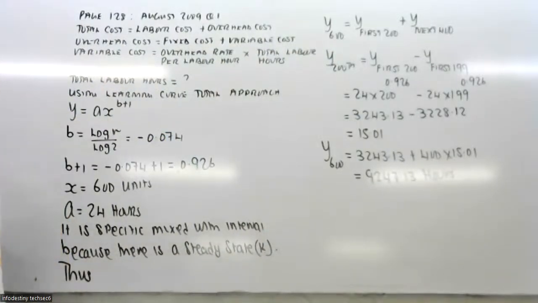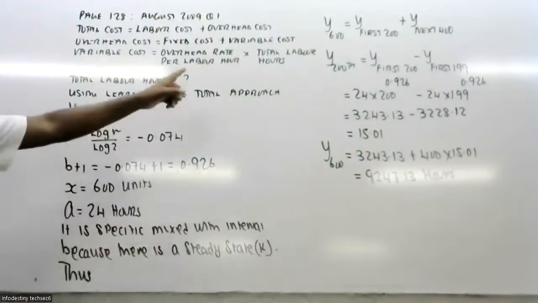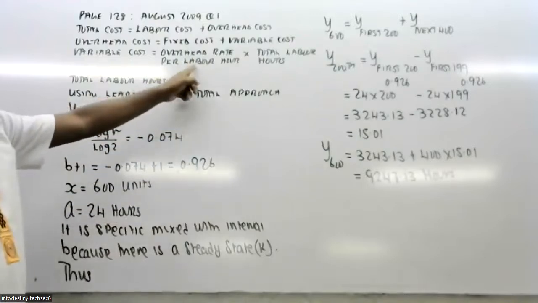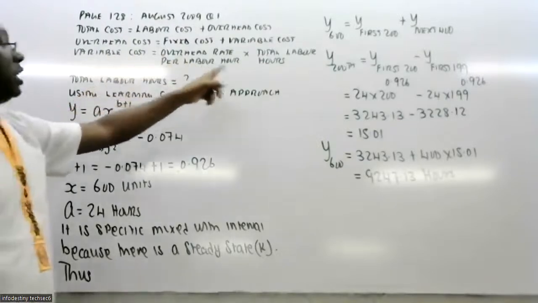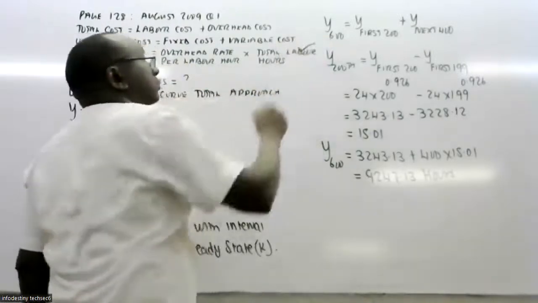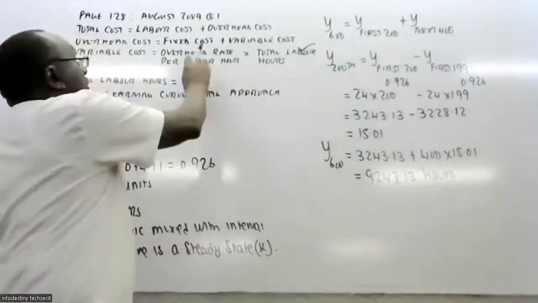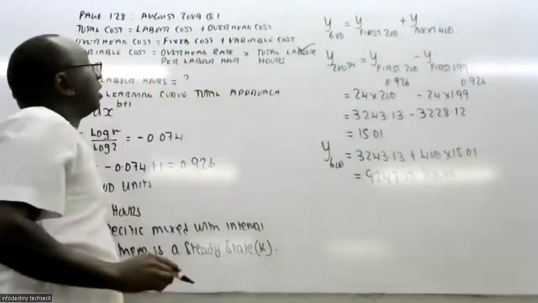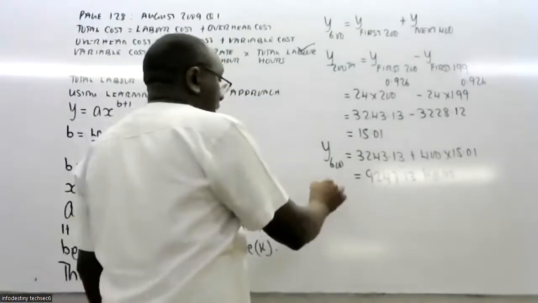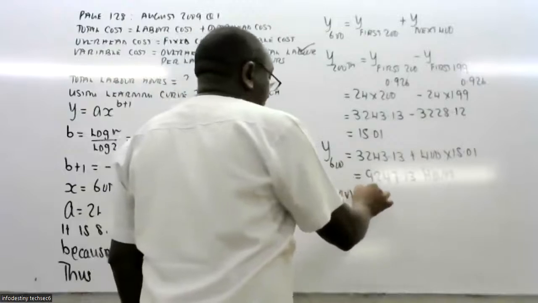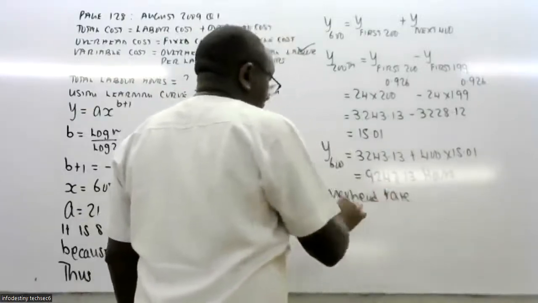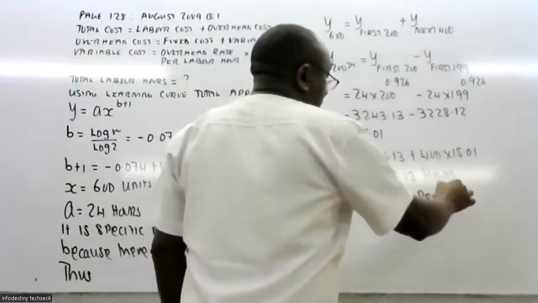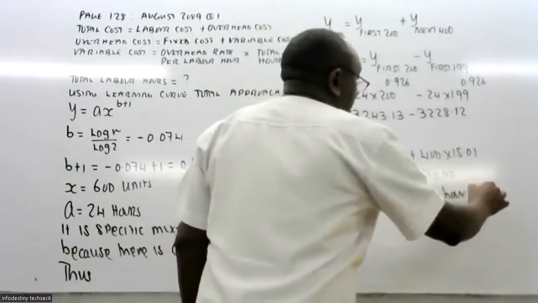So why had we been looking for that? We wanted the variable cost, so we have got this one. Now we need to look for this one. So we come here and say overhead rate per hour is what?